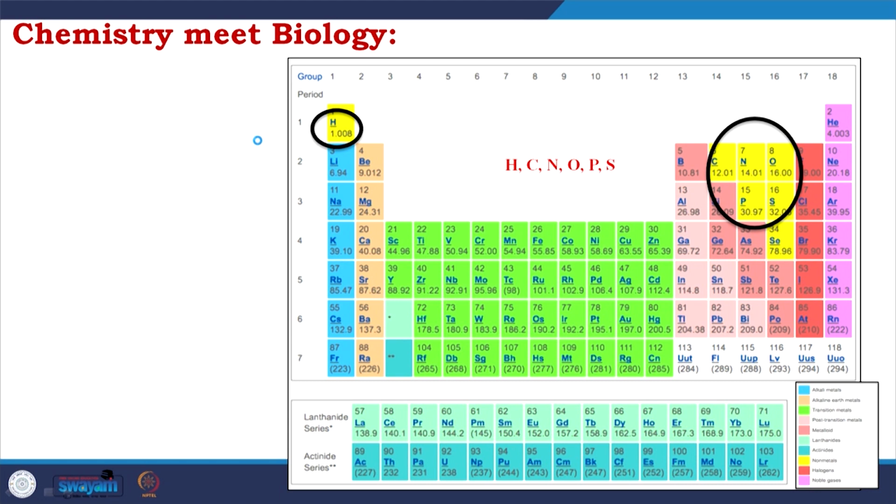If you see the periodic table, only 6 elements, hydrogen, carbon, nitrogen, oxygen, phosphorus and sulfur, they develop the entire biology. And if you listen to me, I would say mostly the chemistry is developed by hydrogen, carbon, nitrogen and oxygen.